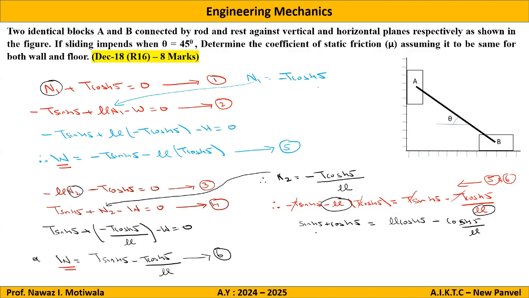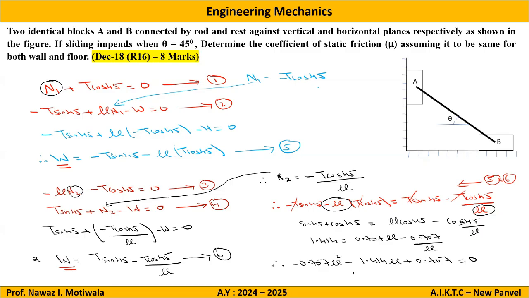So on solving this equation, I will get 1.414 is equal to 0.707 mu minus 0.707 divided by mu. If I rearrange this equation, I will get a quadratic equation in terms of mu, which is minus 0.707 mu square minus 1.414 mu plus 0.707 is equal to 0.